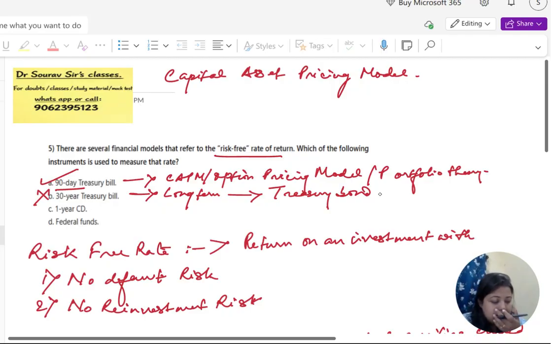Third is 1-year CD. This is also wrong. Why? Because it is issued by banks and has credit risk, so it is not risk free.